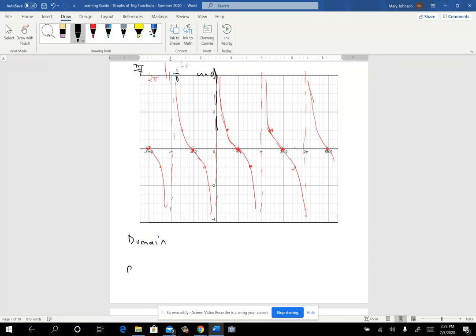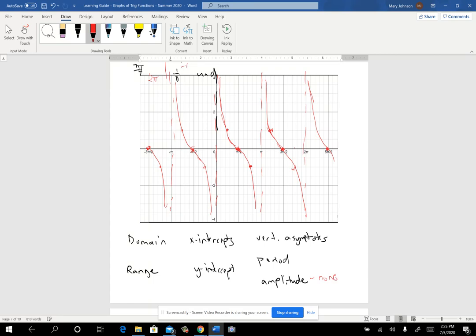So go ahead and be filling these in, and then you can check yourself. And there's not going to be an amplitude.